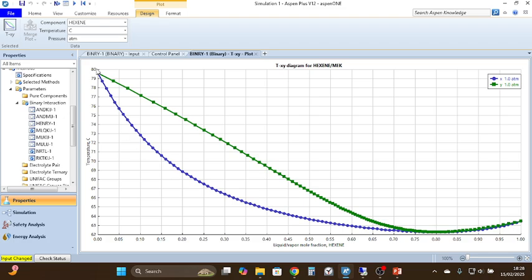So this becomes our bubble point curve, that is the one given in blue, and this becomes our dew point curve. I hope everyone remembers the definition of dew point and bubble point.